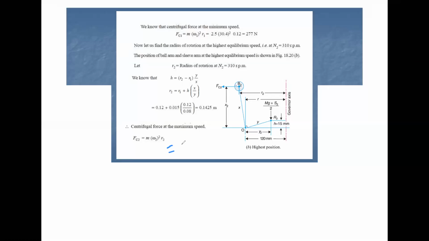Anyone? M omega 2 square R2. $376.28. Okay, nearly 376 newtons.